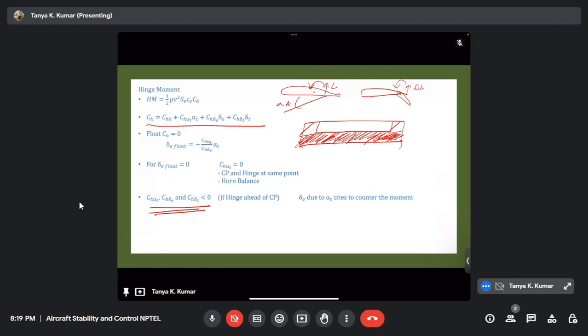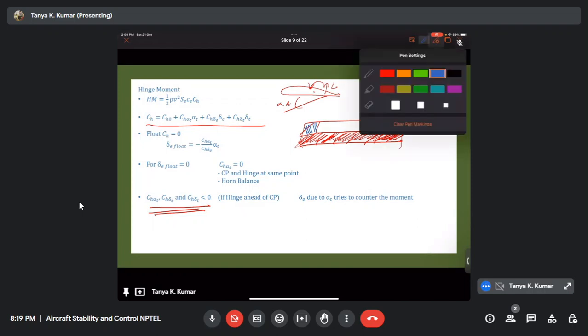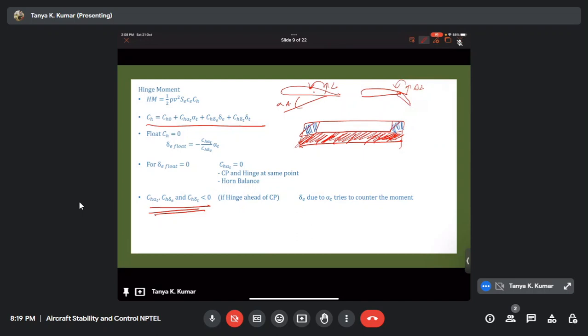The moment produced by the dark shaded region will counter the moment produced by, let me take another color, the moment produced by the blue shaded area will compensate for the moment produced by the red shaded area, which in turn gives you delta E float to be 0. That is no moment. Okay, now let's move on.